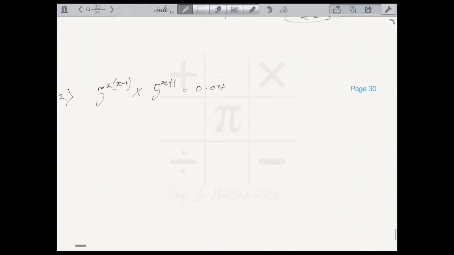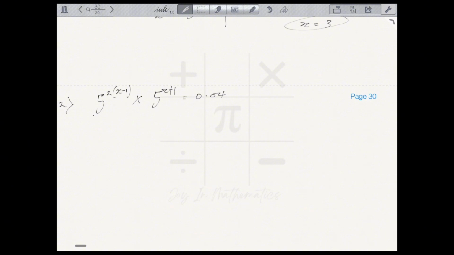In this case now, we have 5 as a base, but then can 0.04 be written in another base? The question is, what is 0.04? 0.04 is equal to 4 over 100, and 4 over 100 is 1 over 25. 1 over 25 can be written as what? 1 over 5 squared.